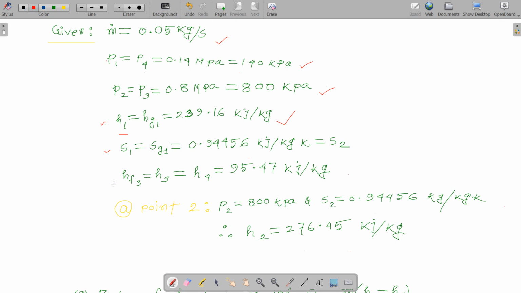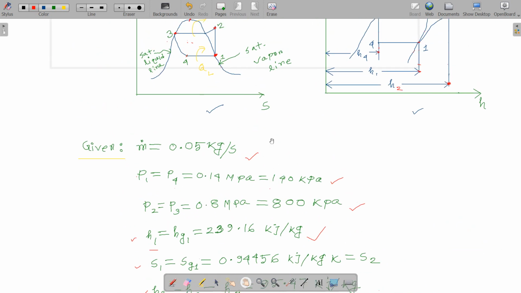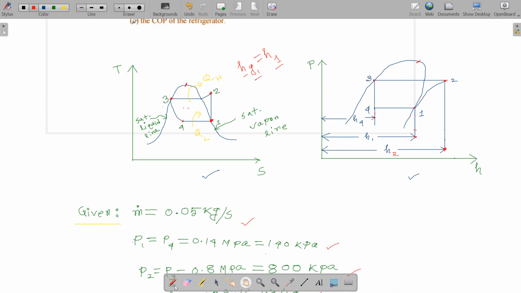And now hf3. How can we find hf3? Actually we need to find H3. So look at point 3. What is point 3? Point 3 is here.